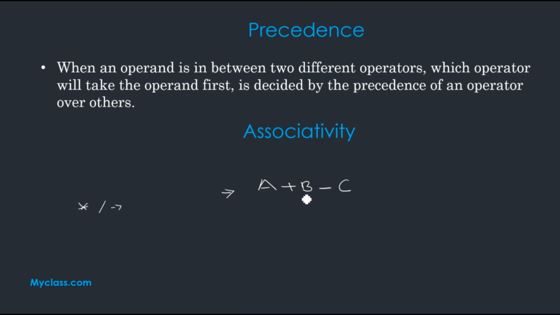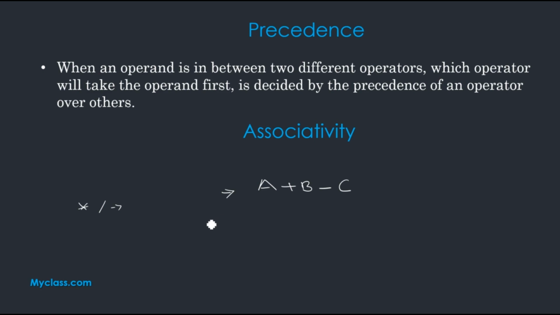In such cases, where an expression has more than one operator with the same precedence, there is a rule to evaluate the expression: sometimes it is left associativity and sometimes right associativity.